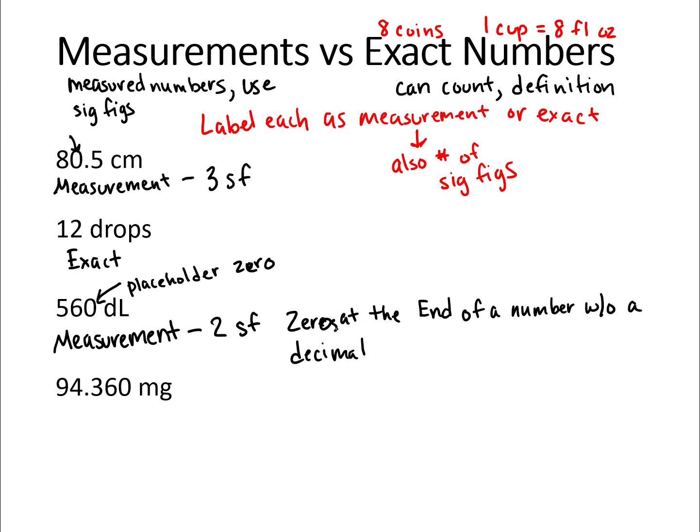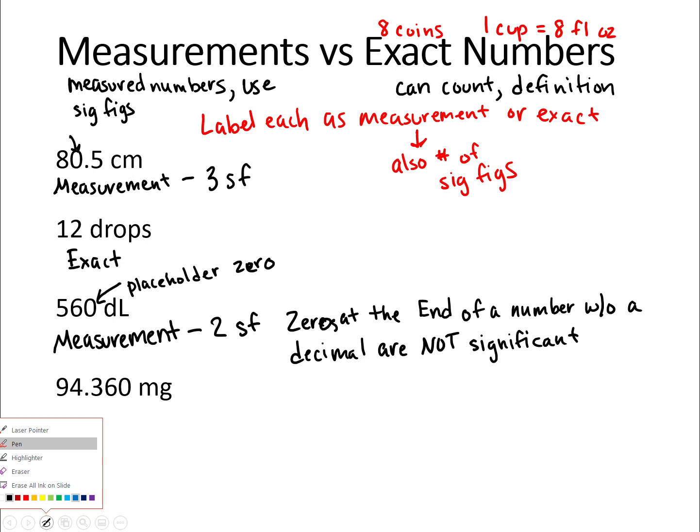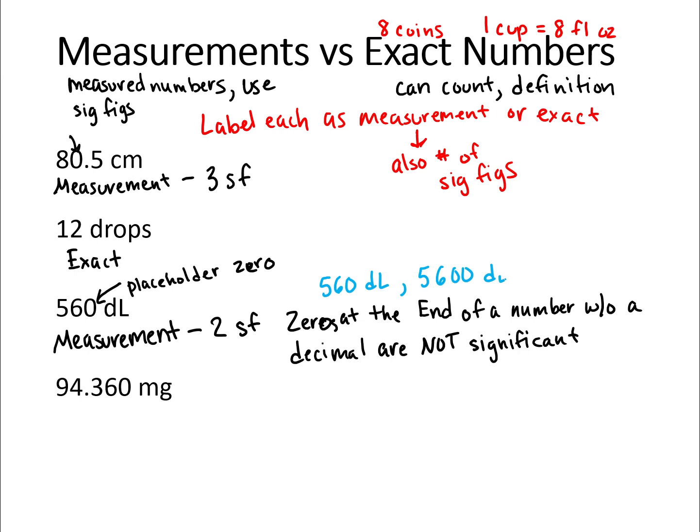And it should say zeros, because if there are more than 1, then none of those are significant. So just to show that again, 560 deciliters, 5,600 deciliters, and 56,000 deciliters.